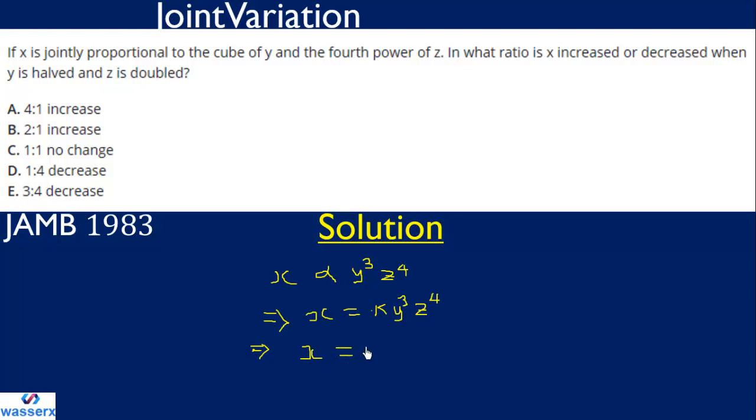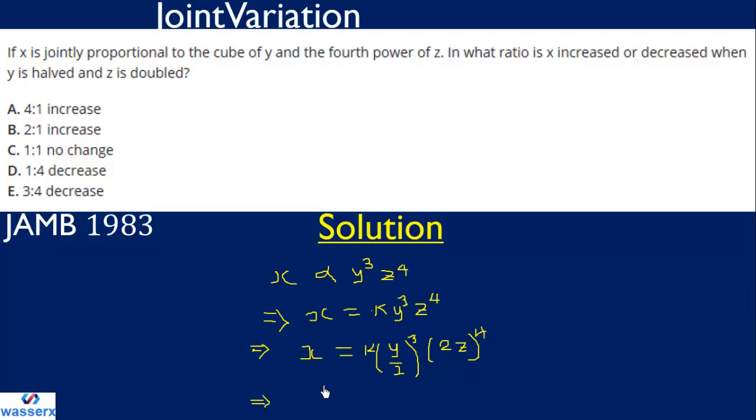So the relation now becomes k times half y cubed, then twice z, to the fourth exponent.